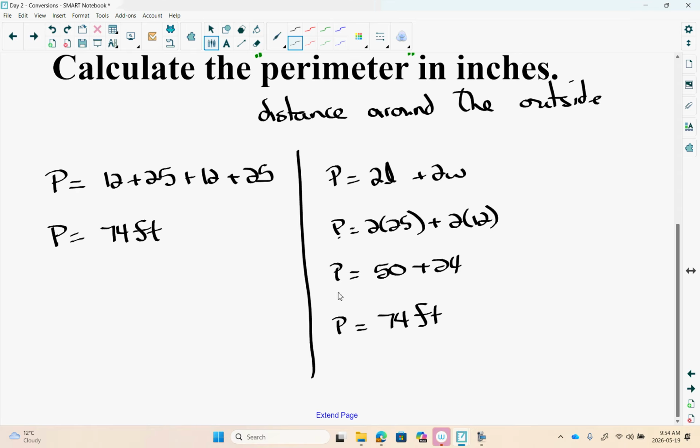So what do I do with this right here to convert 74 feet to inches? I have feet. I want inches. So remember, it's want over have. What's the conversion factor here?